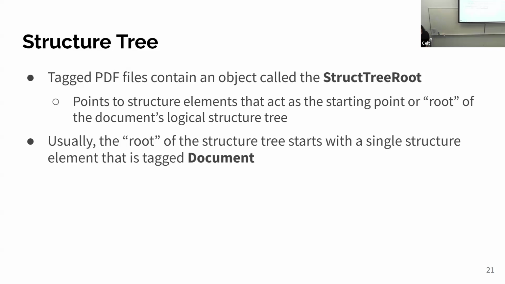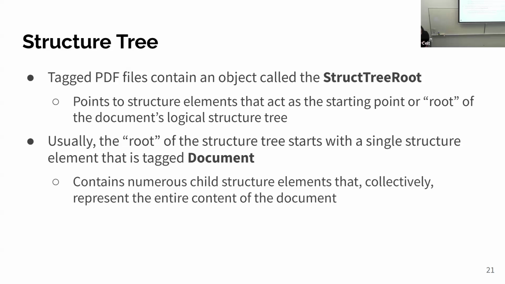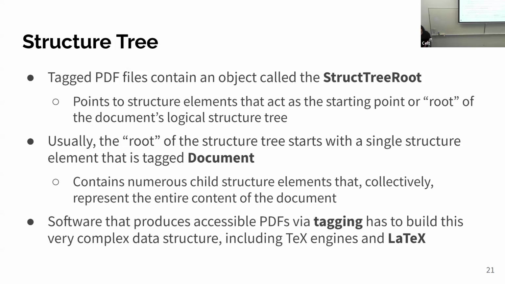So usually the root of the structure tree starts with a single structure element that is called document, or the content type of Document. This document contains numerous child structure elements that collectively represent the entire content of the document.